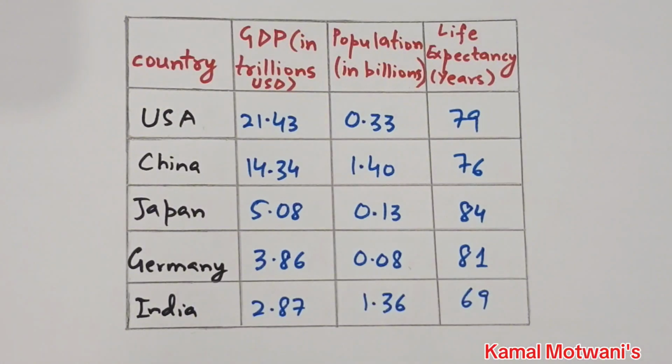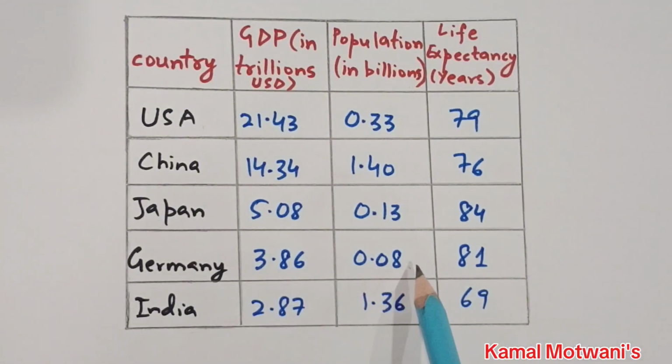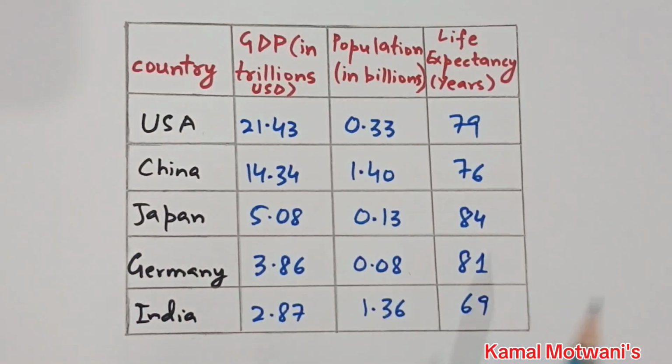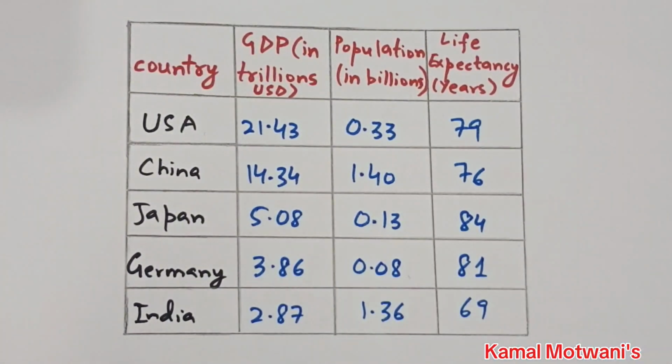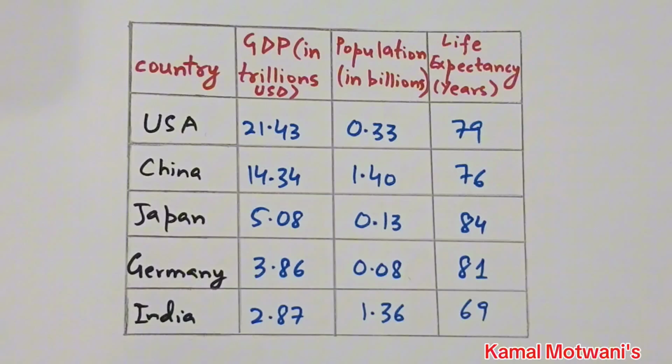The country with the highest life expectancy in years is Japan with 84 years, and the country with the lowest life expectancy is India, which is 69 years. So this is how we interpret it.